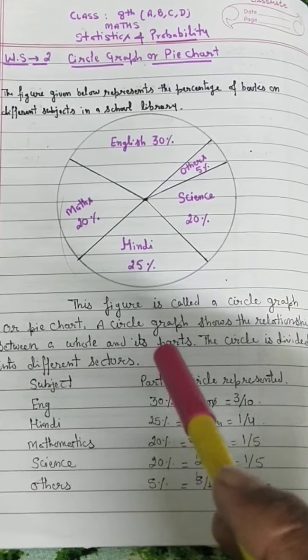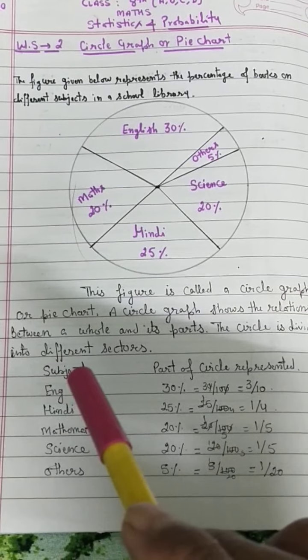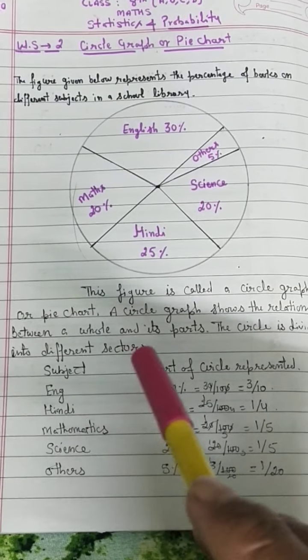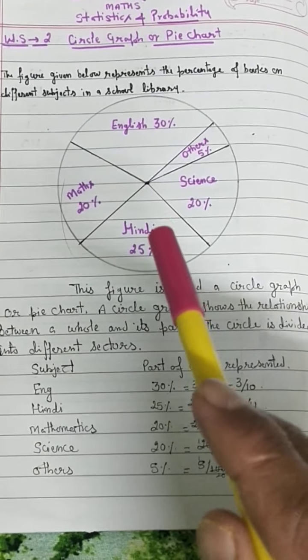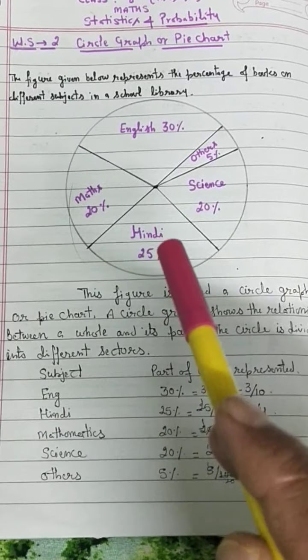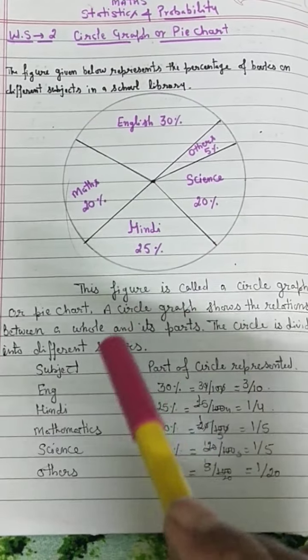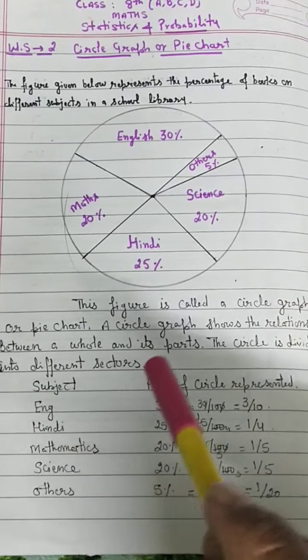A circle graph shows the relationship between a whole and its parts. The circle is divided into different sectors.